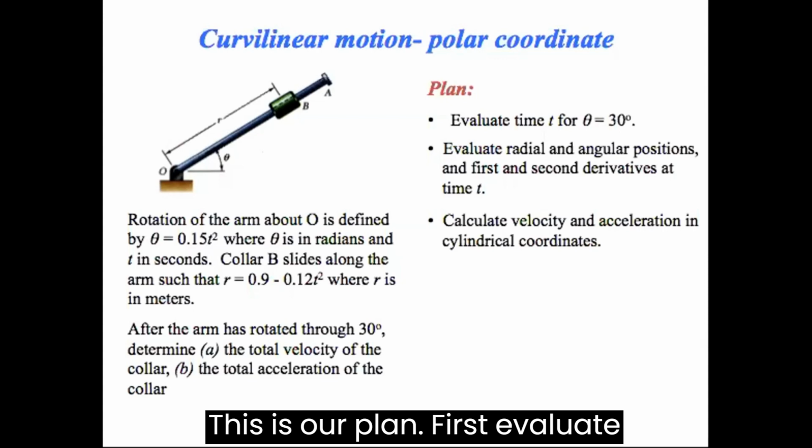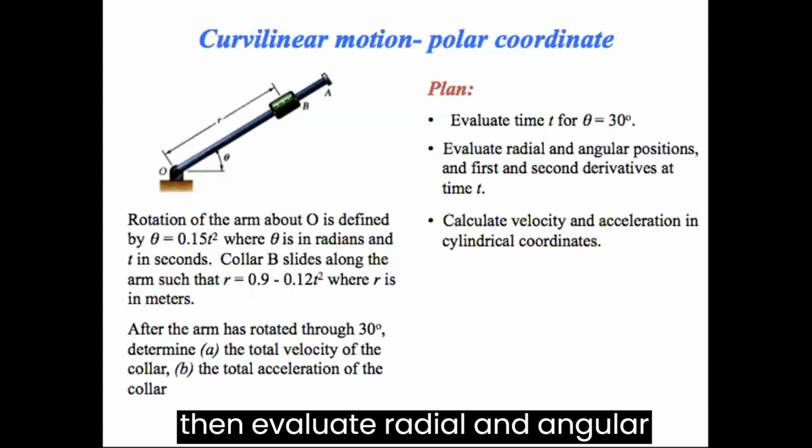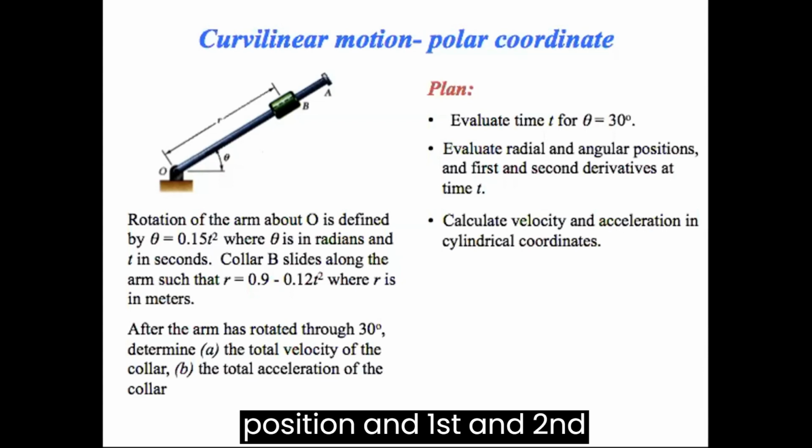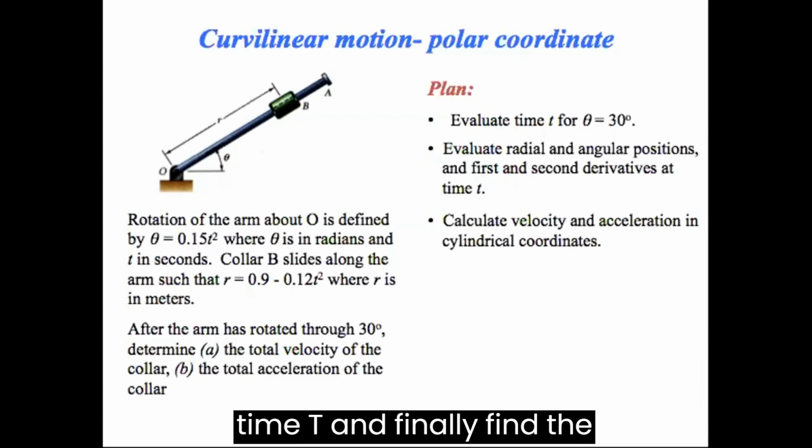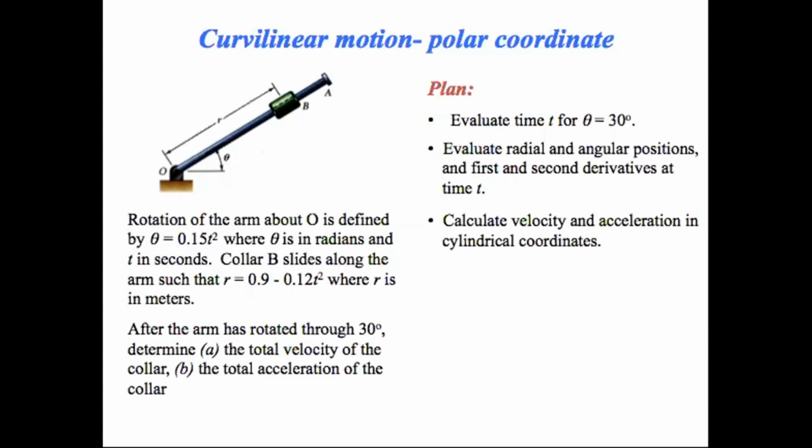This is our plan. First, evaluate the time when theta is 30 degrees, then evaluate the radial and angular positions and first and second derivatives at time t, and finally find the velocity and acceleration in cylindrical coordinates.